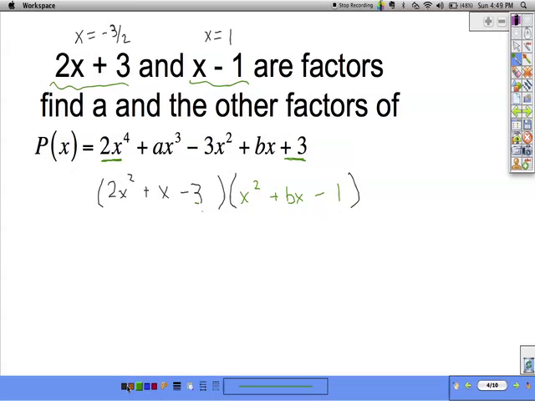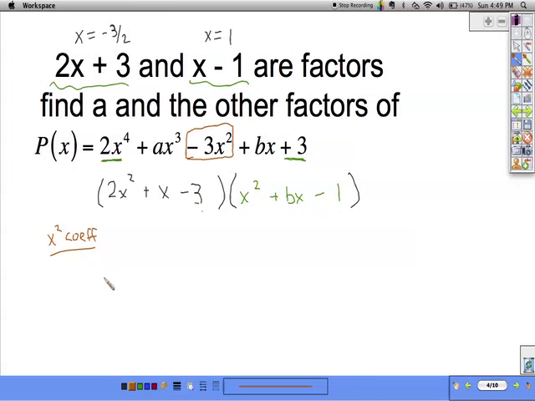And what we can do is use the idea of equating coefficients here. I'll start with the x squared terms because that's one I know. And I always like to keep track of what it is that I'm doing.